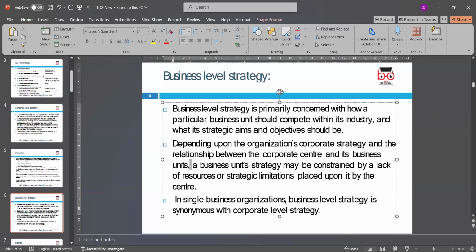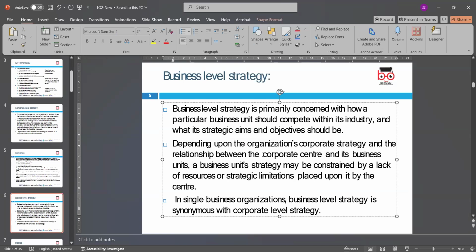Again, you need to consider your link with the corporate center and between other units. When we talk about the corporate center, it is the head of all the units. In Unilever, for example, they have a corporate office or head office. So all the units have to comply with the head office.